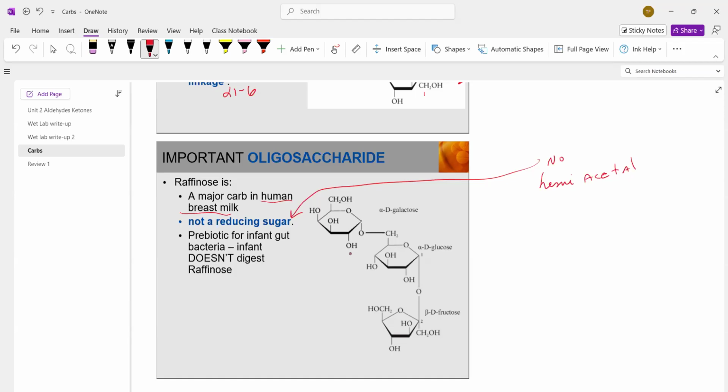However, its new microbiome in the baby's gut can digest it, and it's considered a prebiotic. So the good news is on breastfeeding, raffinose is supplied. The bad news on formula, some of the cheap formulas out there, raffinose is not supplied.